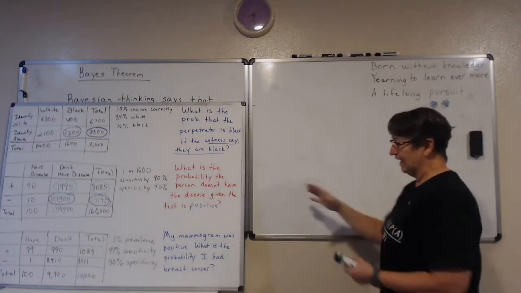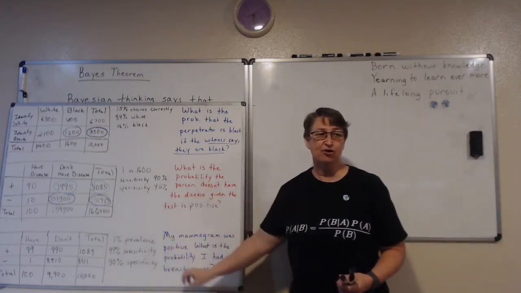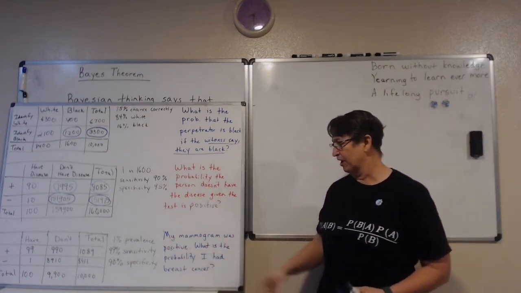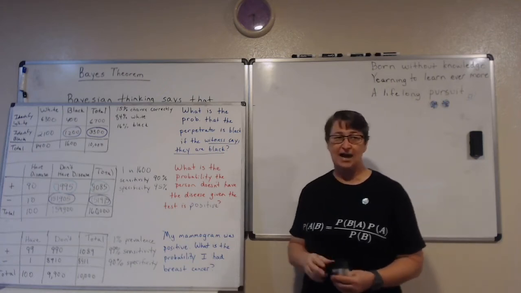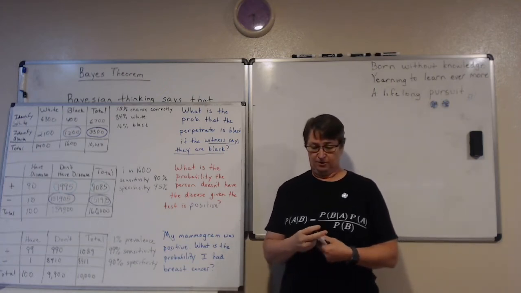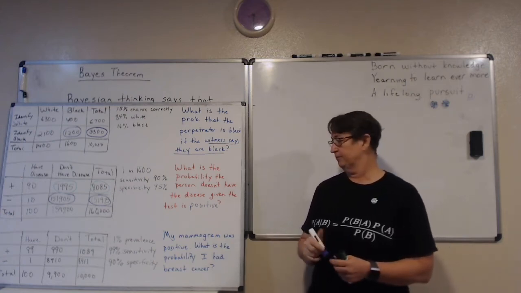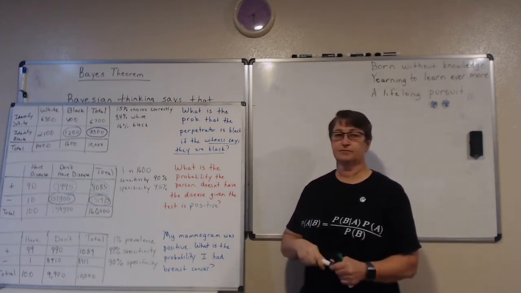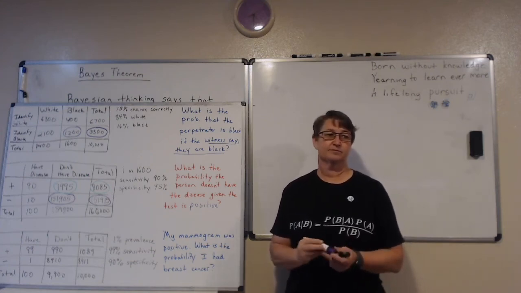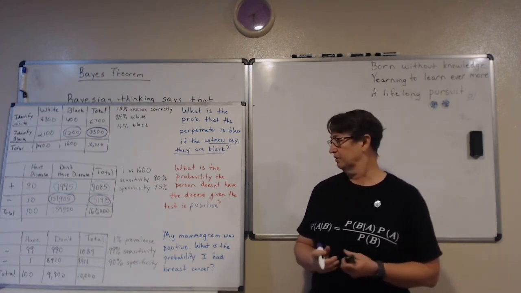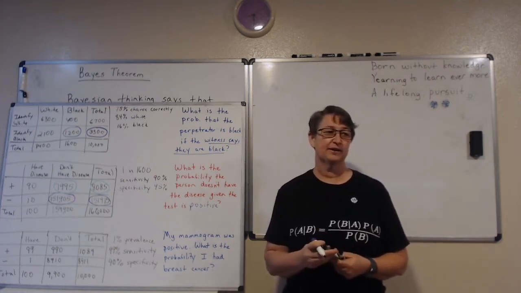So in my case, what's my denominator going to be? My mammogram's positive. What's the probability I had breast cancer? So what's my denominator going to be there? Which one of those am I going to be looking at?